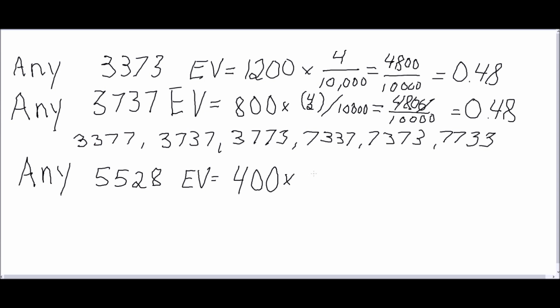Well, those 2 5s can be in 6 different combinations, 4 choose 2. Then once you've chosen those two positions for the 5s, there are two ways you can choose the 2 and the 8 because they're different. You could choose the 2 first and then the 8, or the 8 first and then the 2. So there's two ways to order the 2 and the 8.